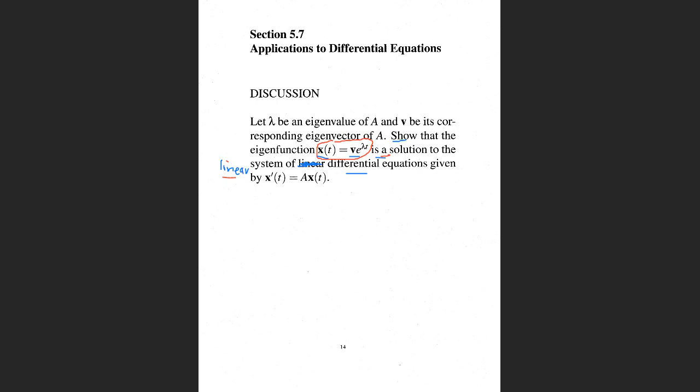We express that system by the matrix differential equation: the derivative of the vector x with respect to t equals A times x of t.